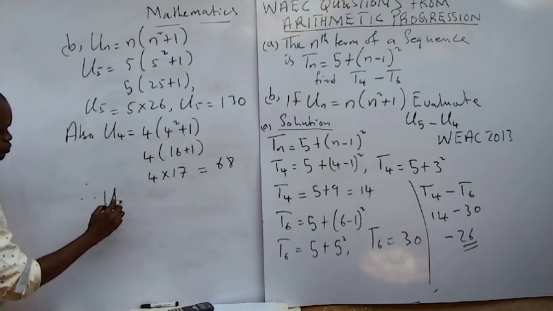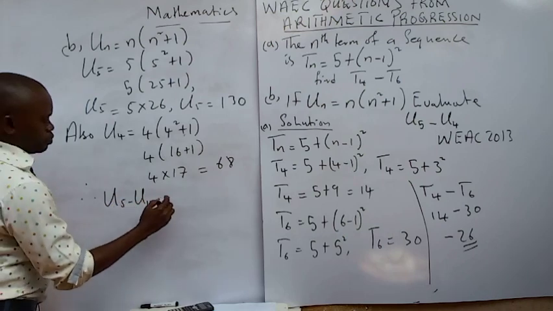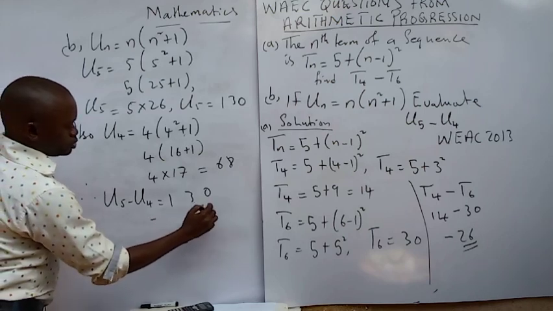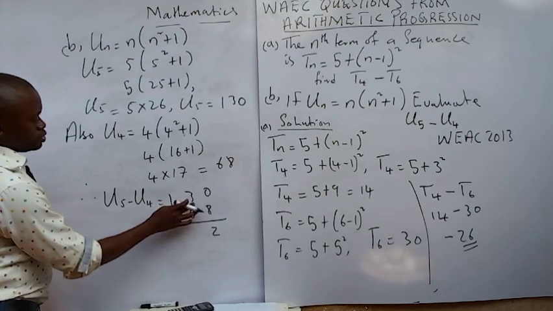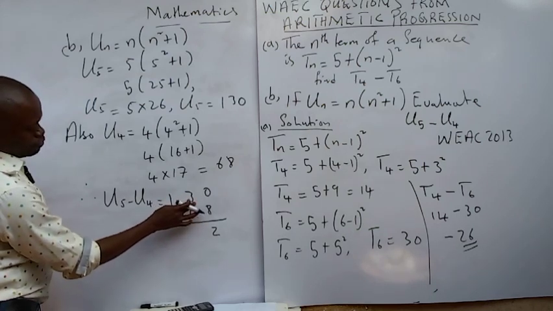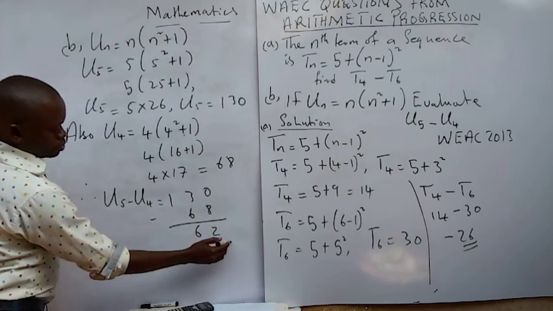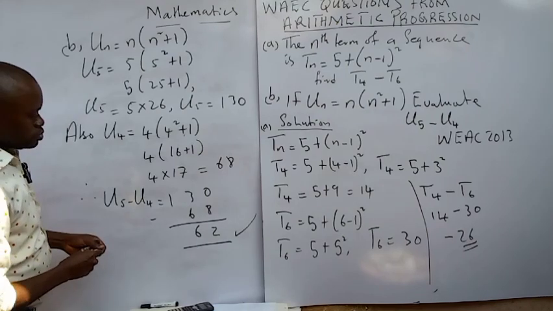Therefore, U5 minus U4 will be 130 minus 68. This remaining 2, take 1 here, make it 12. 12 minus 6 is 6. So this is 62. So I'm thinking this is the result.